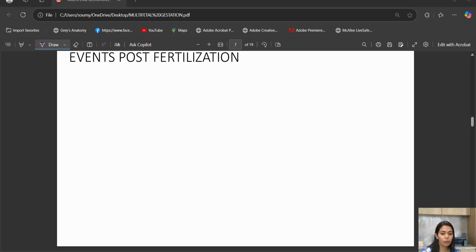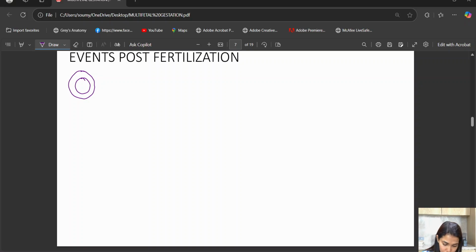Okay, now we are discussing events post-fertilization. हमने कहा कि fertilization तो हो गया है, but let us talk a little bit about this fertilization. Here, this is an oocyte.